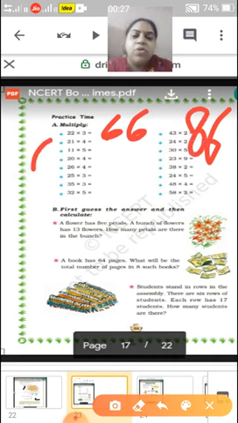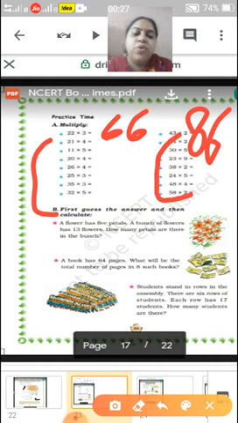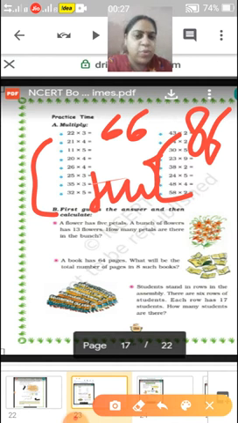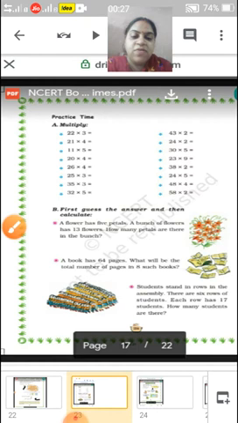Okay. So children, I hope you can do multiplication. We have done tables up to 15. So you will do on your own. This is your homework and you have to do it in your book only. Now come to the next question.